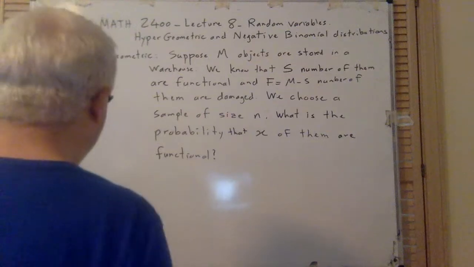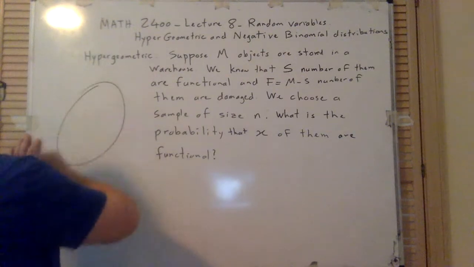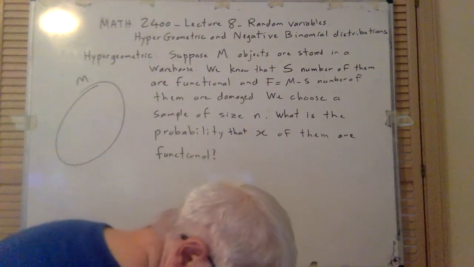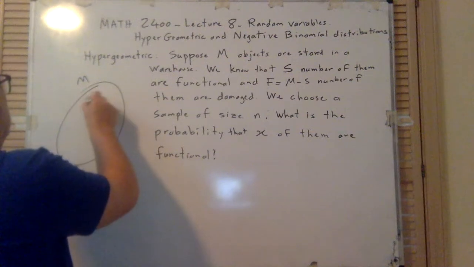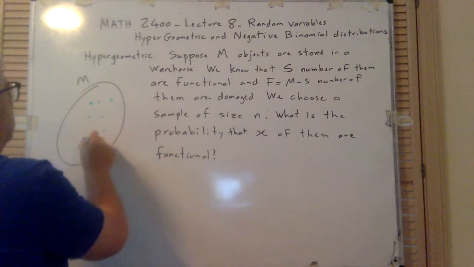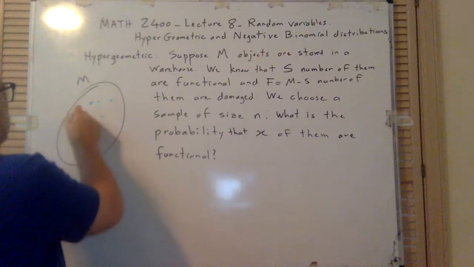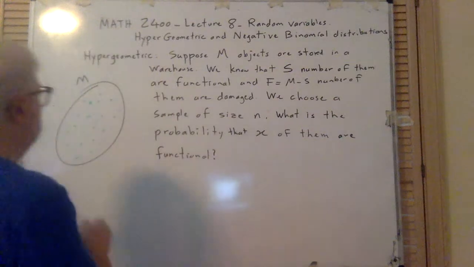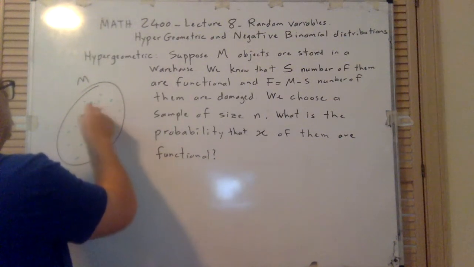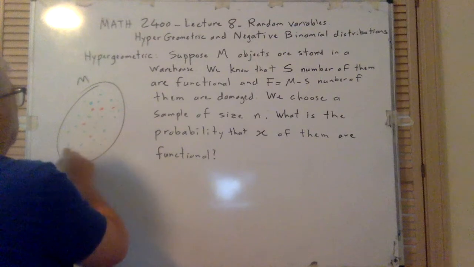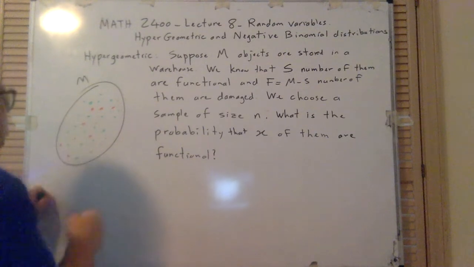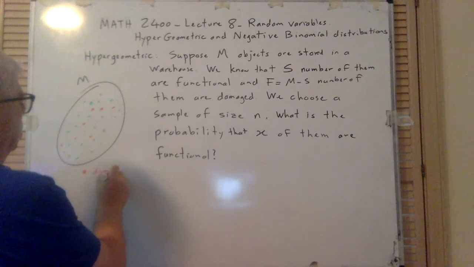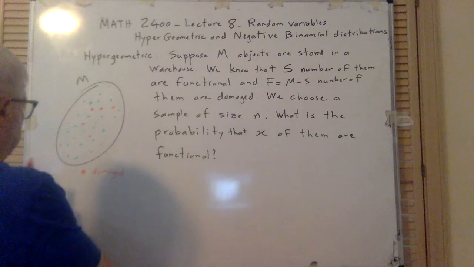So this warehouse has m objects, and some of them are good and some are damaged. Red, damaged, and green, functional.